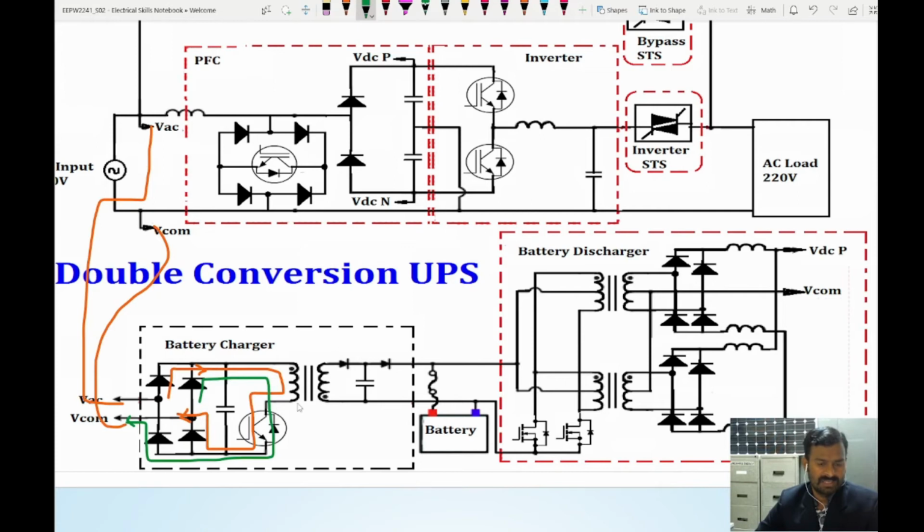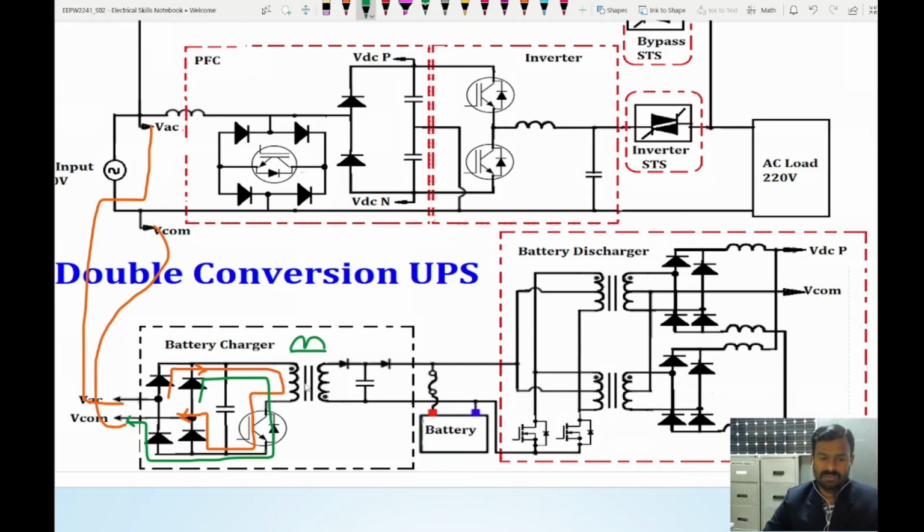Now you can see here there is no direction change, because we want a rectified output like this, not an AC. Of course, when it goes through the filter here, it is going to reduce these ripples. And also we have a transformer unit here. This transformer unit is going to act as a forward converter.